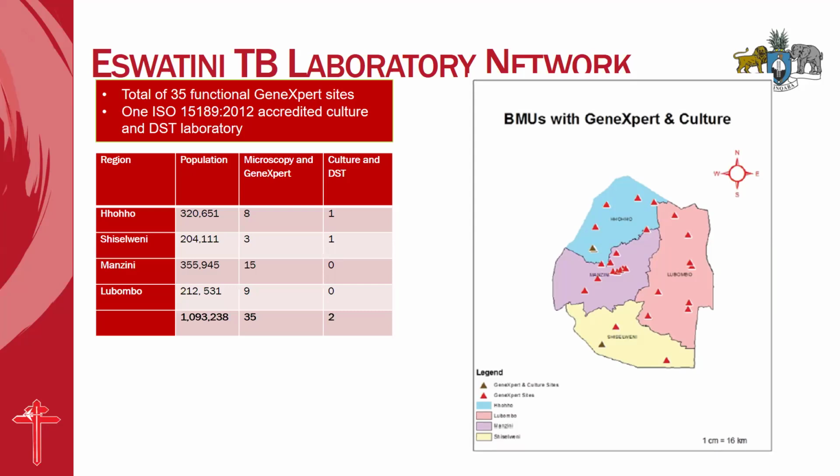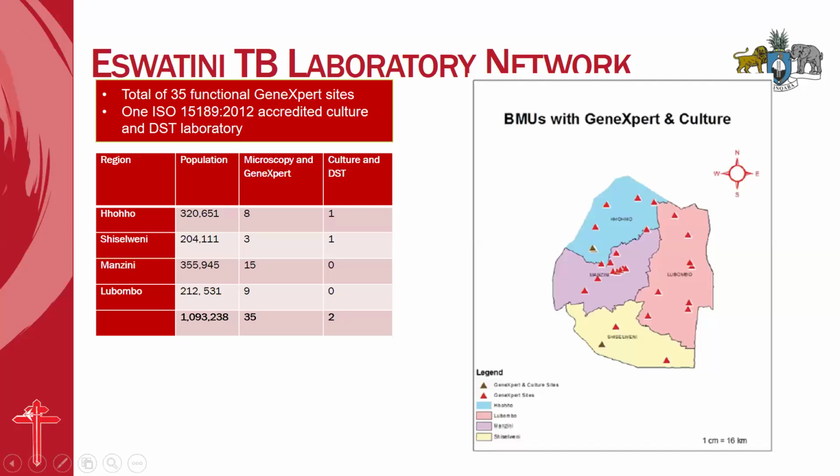Manzini, we have 15. Lubombo, we have 9. In total, we have 35. Then for culture, we have 1 in Hhohho, which is the NTRL. We have Shiselweni, then Hlatikulu TB lab. And then the others do not have. So in total, we have 2 culture labs in Eswatini. That was just the distribution according to our regions.